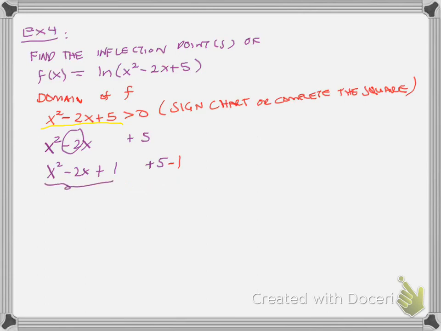Then you complete the square there, which is the purpose of the method: x minus 1 squared plus 4. Again, we're trying to figure out where x minus 1 squared plus 4 is greater than 0. Because it's in this form, this is squared, so that'll always be positive, and that's a positive 4.